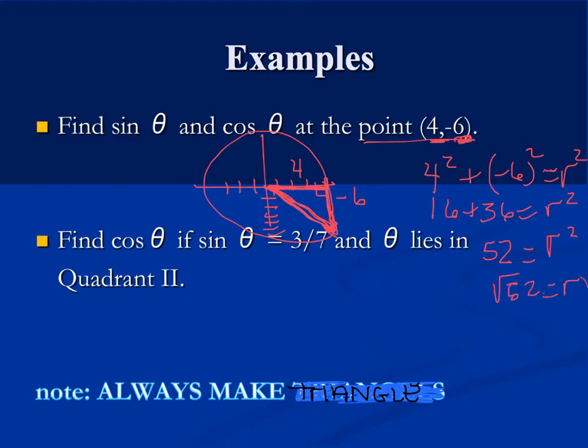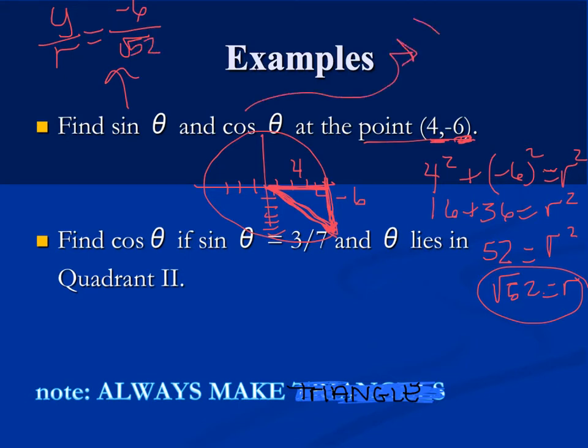So now that I have r, I know that sine is y over r. So my sine value here will be -6 over the square root of 52, which we can simplify, and we'll do that in a second. And the cosine is x over r, so it's going to be 4 over the square root of 52. Now we can simplify this.